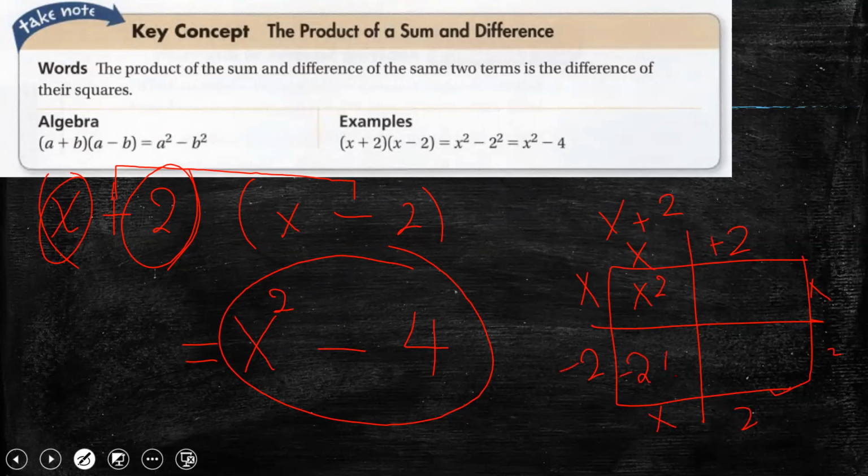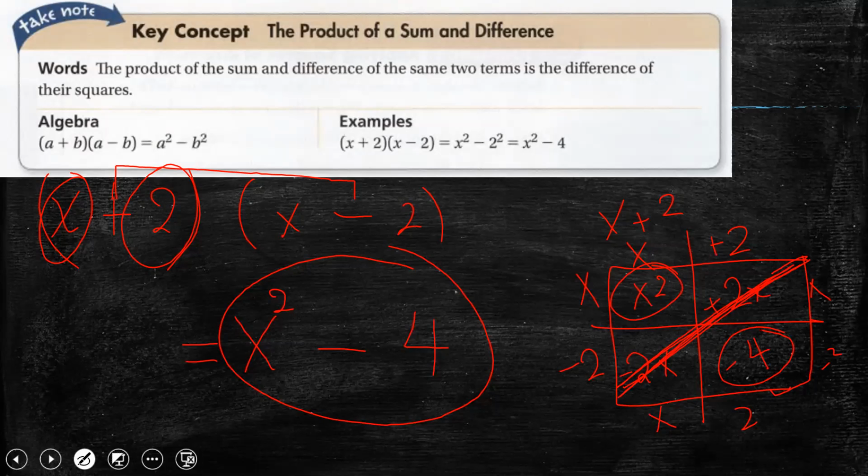So negative 2x here. And here it is positive 2x, and here it will be negative 4. Is it right? Yes. Then after that the 2x and negative 2x cancel each other. So what I have is x squared minus 4.